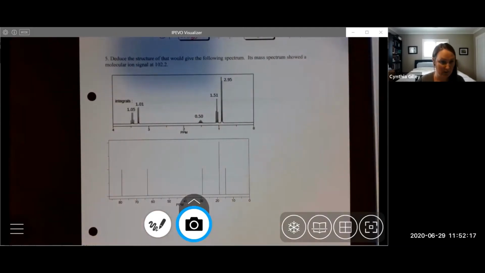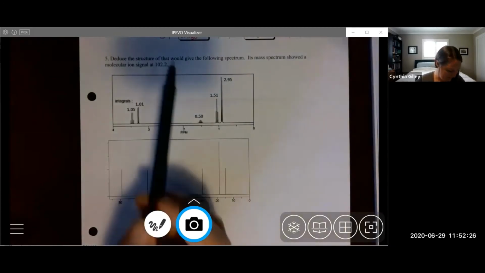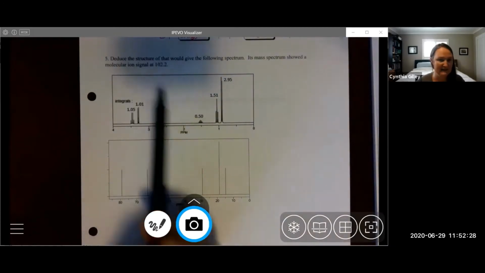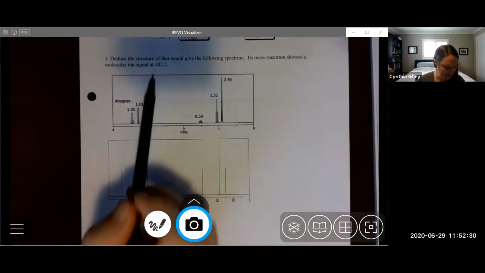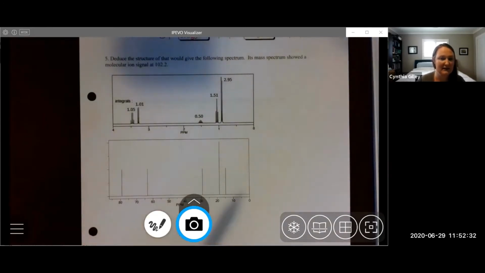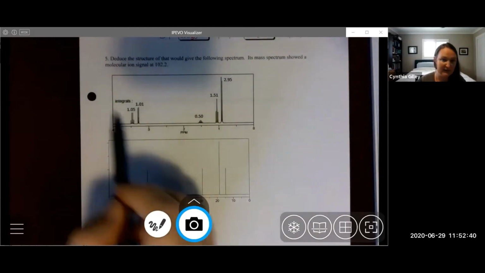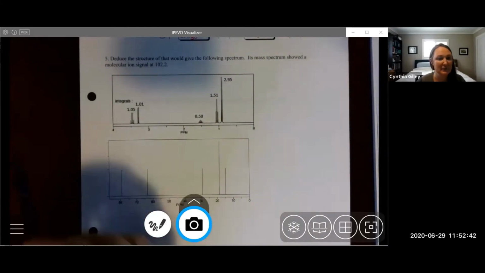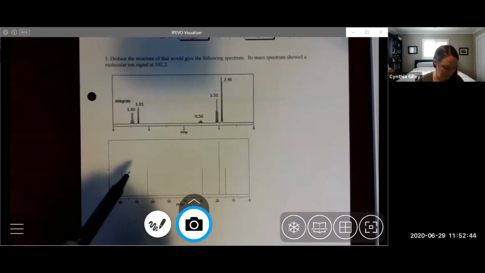Usually, with NMR problems, I'll give the molecular formula, like C3H6O or something. But he just gives a mass. That is only really good to double check your answer at the end. It doesn't really give us anything right off the get-go. So we're kind of flying blind without a molecular formula, and that's okay.